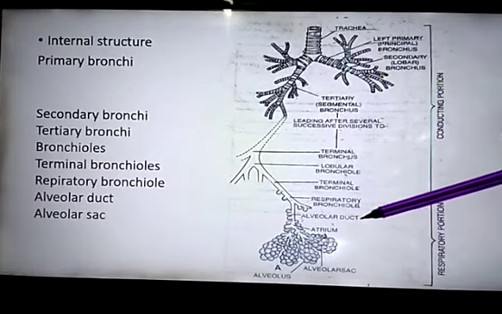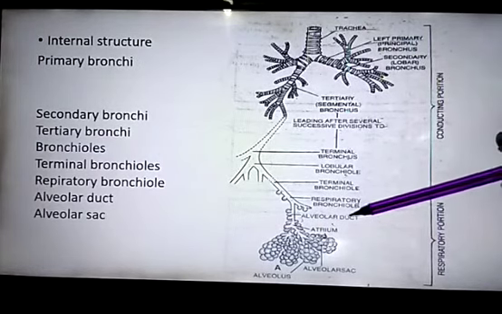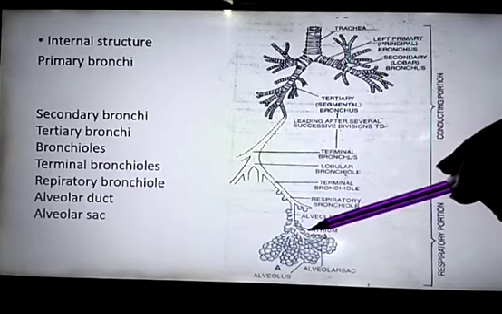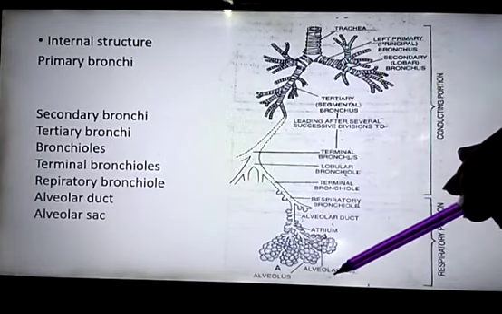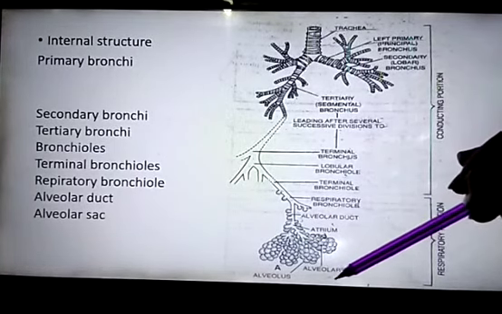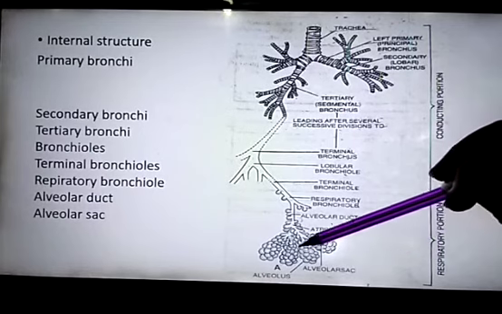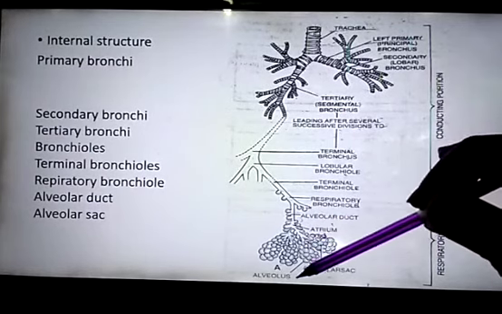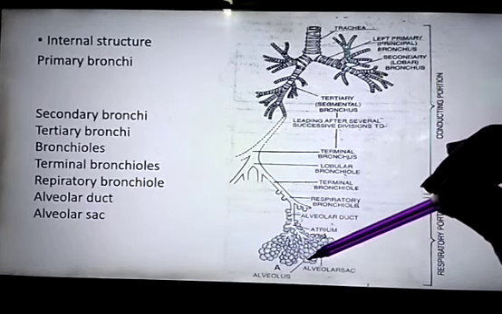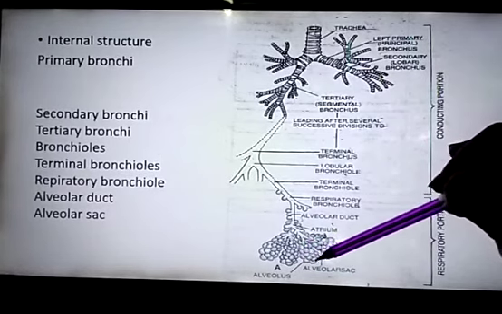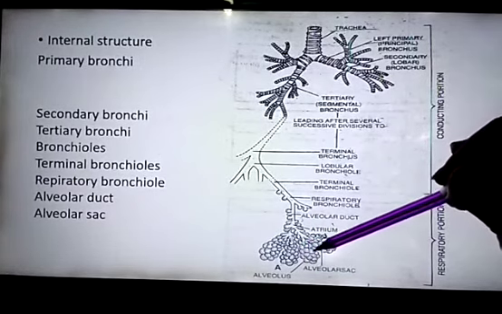Now each alveolar duct opens into a blind chamber called the alveolar sac. It consists of several small pouches, the air sacs or alveolus. These are the small pouches known as the alveoli.